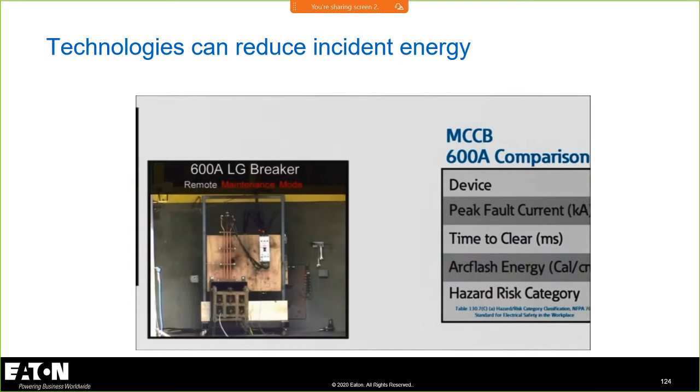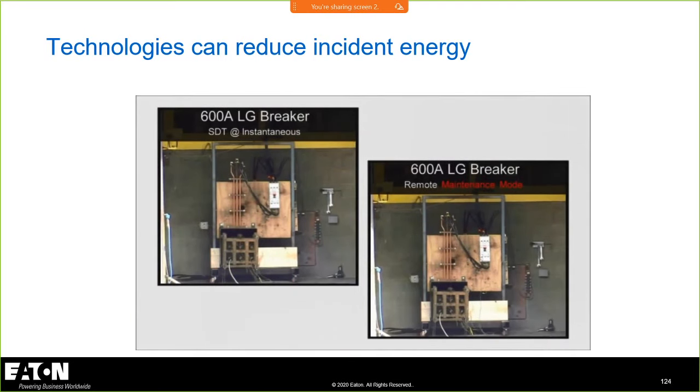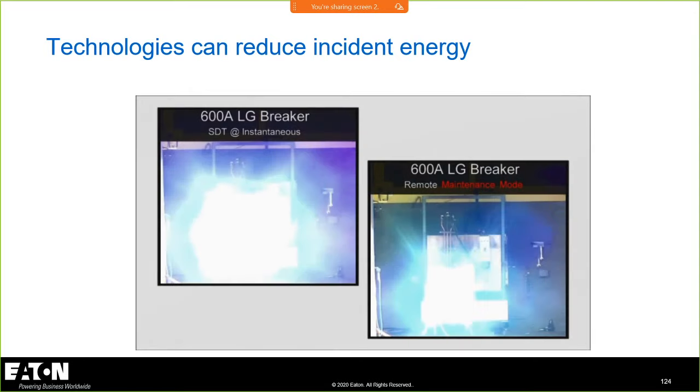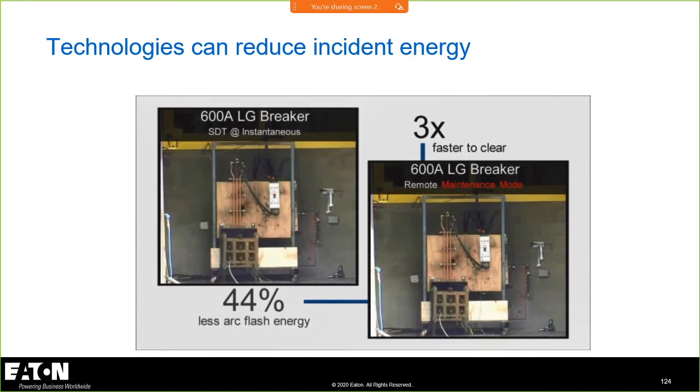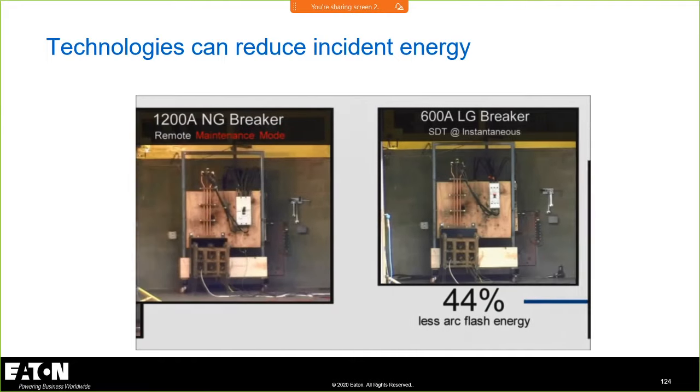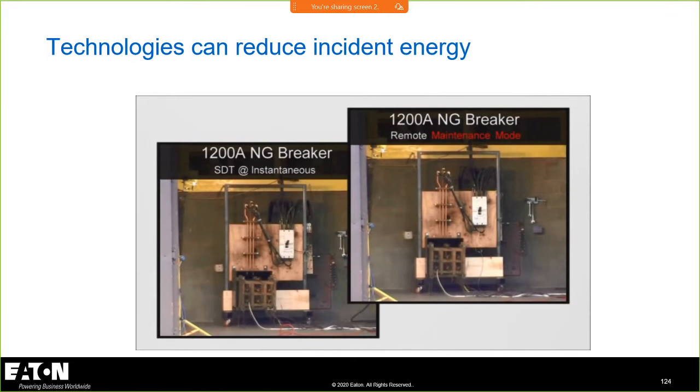enabled breaker. The results are clear. Eaton 600 amp LG molded case circuit breaker with maintenance mode cleared the fault nearly 3 times faster than the standard instantaneous trip, resulting in a 44% reduction in arc flash energy. Eaton also tested 1200 amp circuit breakers at 9000 amps of fault current at 480 volts.